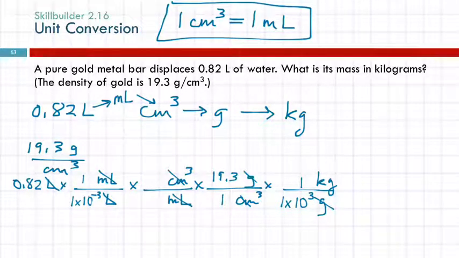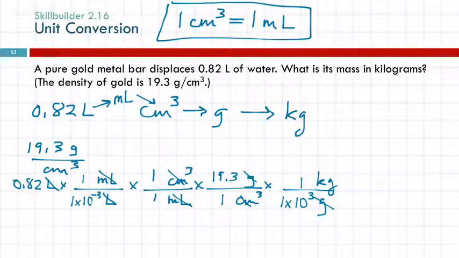As you put this into your calculator, just go left to right, multiply by the top, divide by the bottom. You don't need to write anything down in the middle. So 0.82 times 1 divided by 1 EE minus 3. Ooh, I forgot the middle one. I don't have any numbers here. What do I put here? 1 and 1.